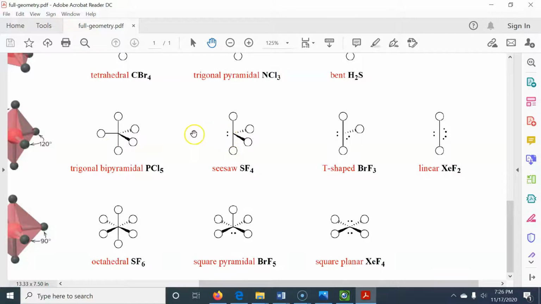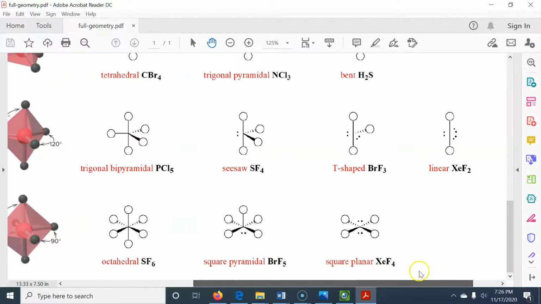We have a lone pair on the left pushing these bonds towards the right. Here we have a lone pair towards us and to the left pushing these two bonds that are vertical a little bit closer together. But now we have here three lone pairs. It's all balanced, in the X direction and the Y direction as well. All right.